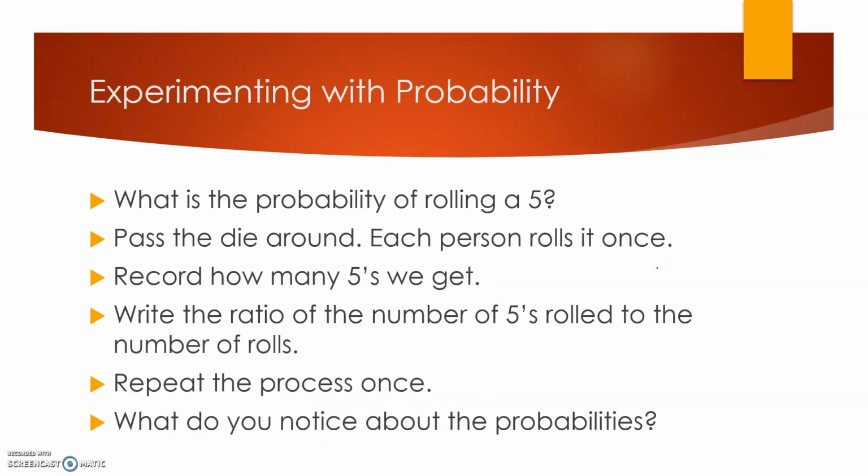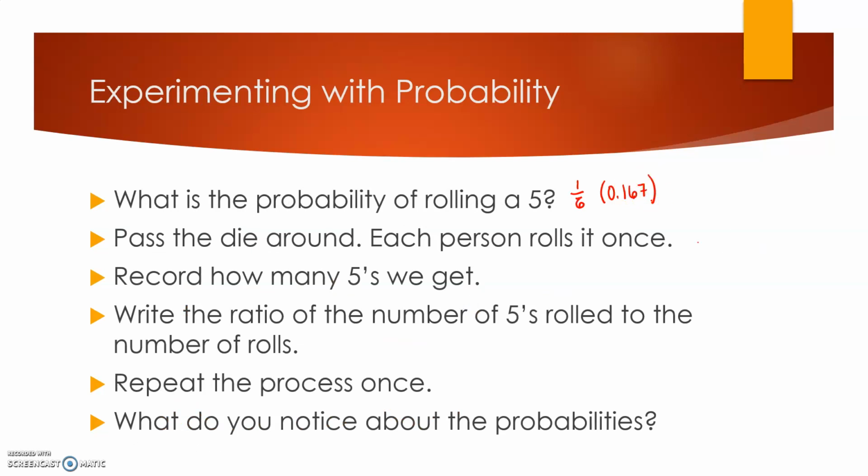So what is the probability of rolling a 5? This is something that we would do in class. This is something that you can simulate right now. If you have a die around, that would be really great. But what's the probability of rolling a 5? Well, it's 1 out of 6, or 0.167, as we just said.